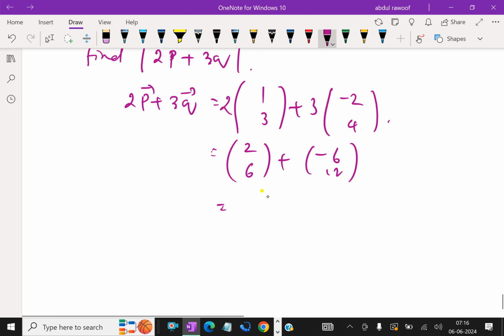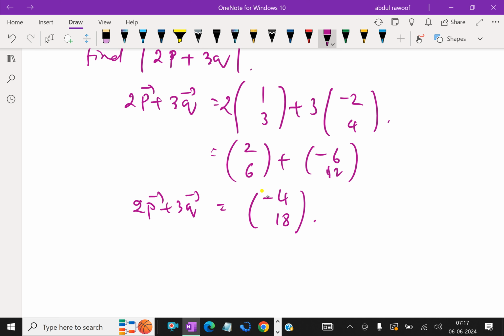Add them. 2 minus 6 is minus 4, and 6 plus 12 is 18. This is vector 2P plus 3Q.